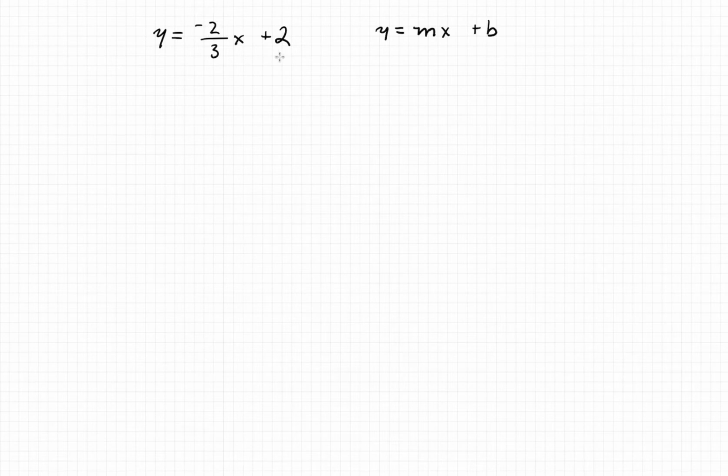So for instance, in this problem, if I put 0 in, then y would equal a positive 2. That is why B is the y-intercept, because we always do the y-intercept first to find that first point, because it's easy, because we can just eliminate this entirely by making x 0, which is the y-axis point, and then this is how far up or down we go on the y-axis.